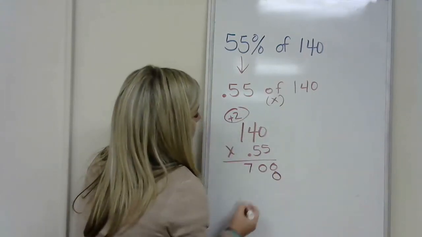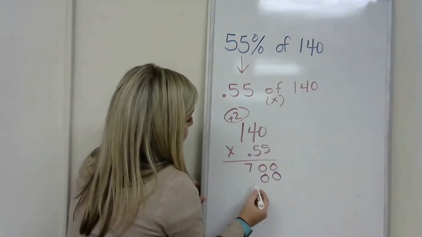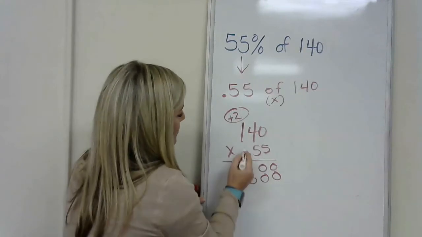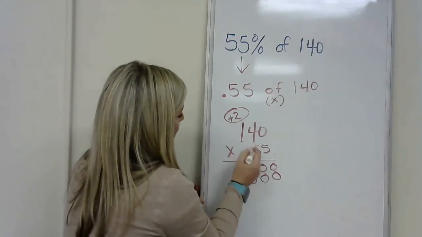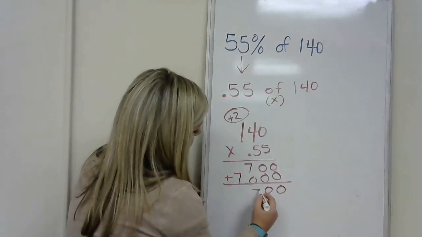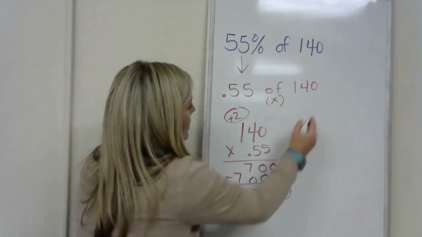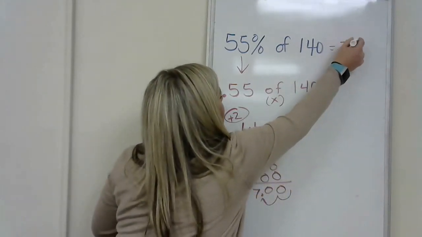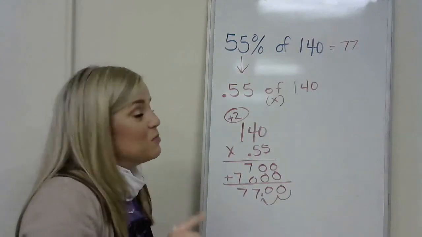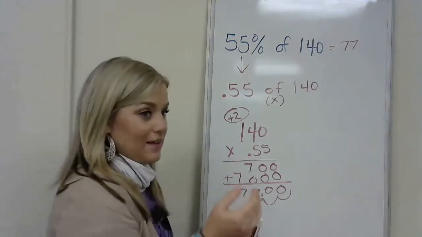Next row: 0 times 5 is 0. 4 times 5 is 20. The 0 can stay. The 2 gots to go. 1 times 5 is 5. 5 plus 2 is 7. So we have 0, 0, 7, 7. Move our decimal 2 places. 77. Now, that is close to 70, and it is bigger than 70. Just what we had anticipated or estimated.